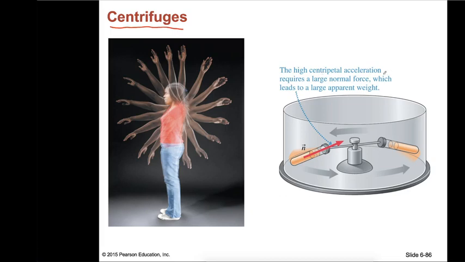The high centripetal acceleration requires a large normal force, which leads to a large apparent weight. So your apparent weight of your blood is heavier than normal, and they all generate some pressure to the tip of the fingers.